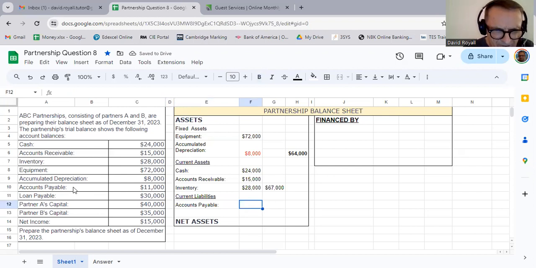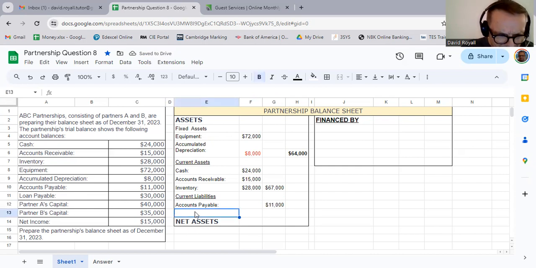So I'm not going to put it in as a current liability. It wouldn't be the end of the world if you did, because you will still end up with a correct balance sheet technically. Okay. Accounts payable, that was 11,000. There's no other, so I'm actually going to put it under there, just tidy it up.